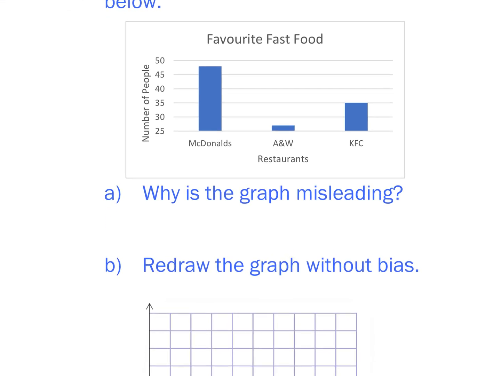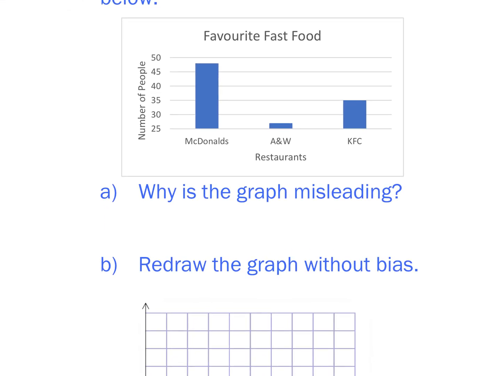So why is the graph misleading? It's misleading because it appears as if a clear majority prefer McDonald's.